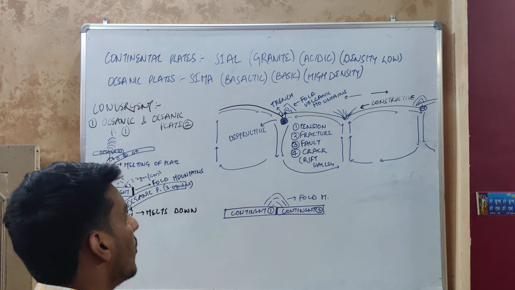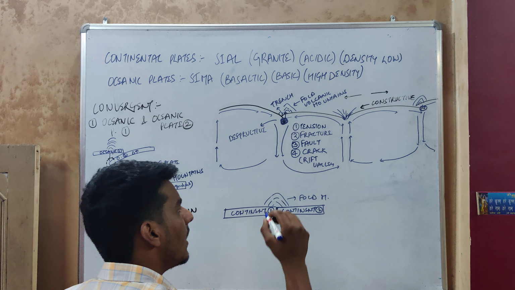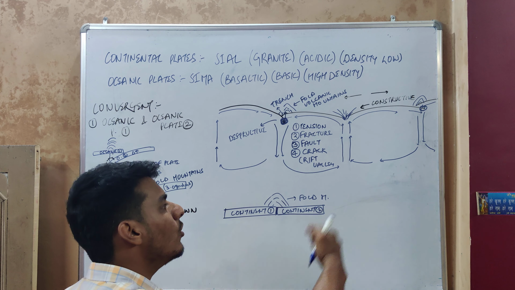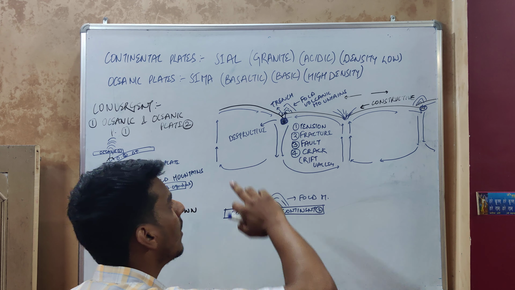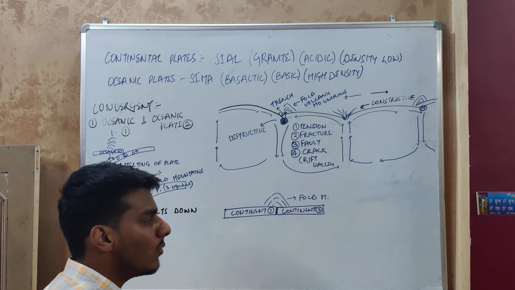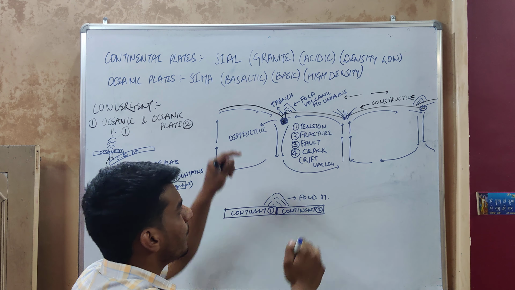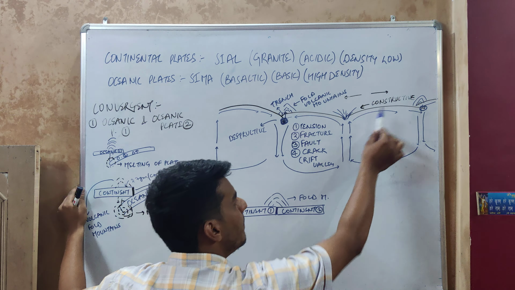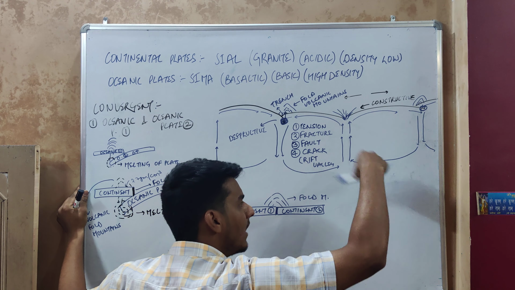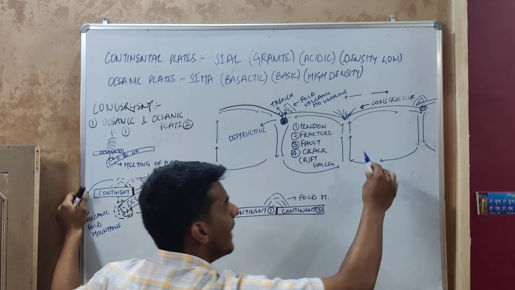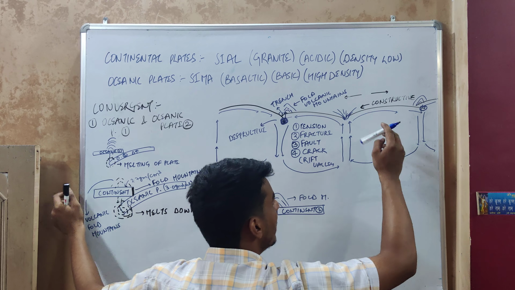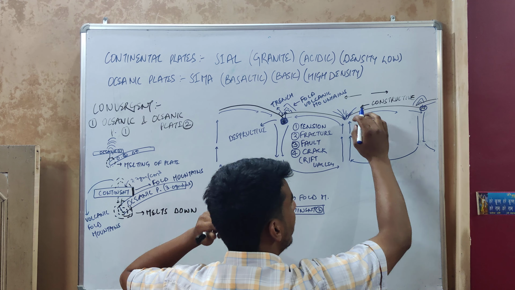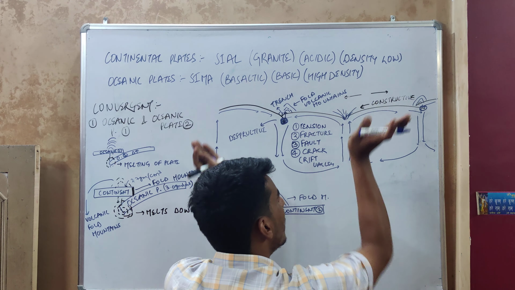One more thing you have to know, that the oceanic plates are newer than continental plates. Why? What's the reason? Because see, there are these plumes which are going on. This cycle continues, and when this cycle continues, see what happens now, this part will be solidified, but more and more plumes will come.